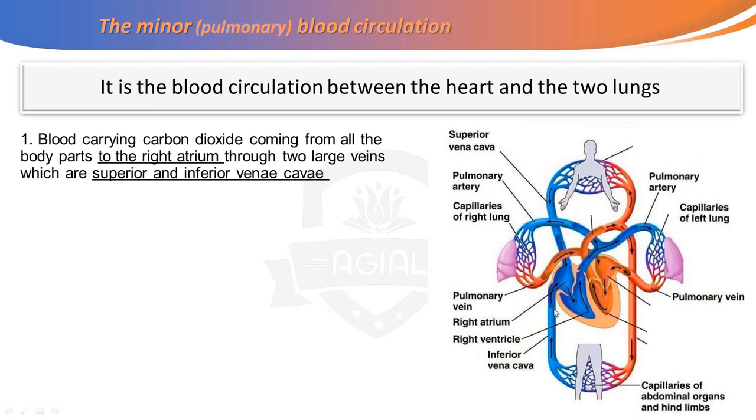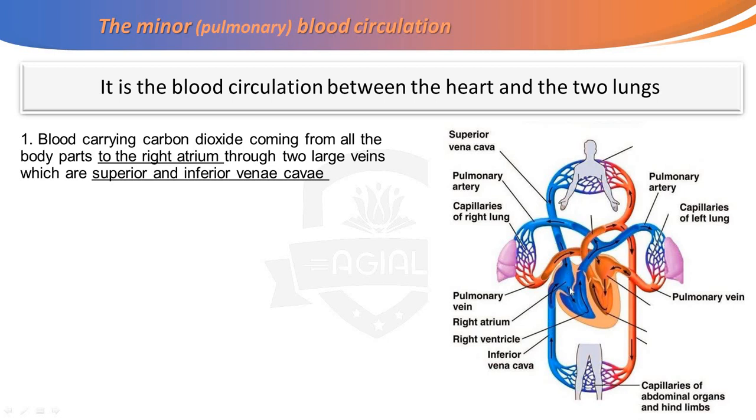Again, if you remember, this is the heart, and we said that the right atrium has the blood that is full of carbon dioxide. This blood which comes from all the body parts reaches the heart through veins, two large veins, which are superior vena cava and inferior vena cava.